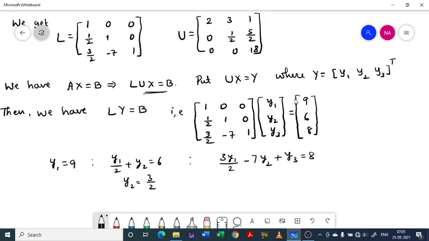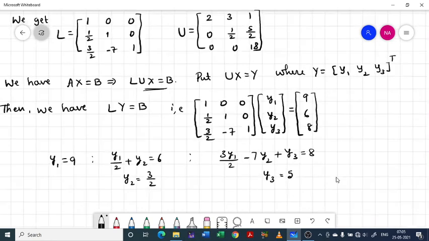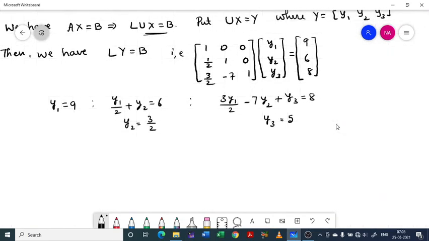Substituting the values of y1 and y2 and solving, you will get y3 equal to 5. So you got capital Y. Thus capital Y equal to 9, 3 by 2, 5.